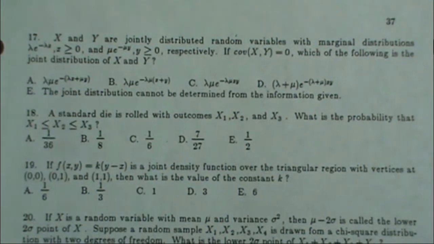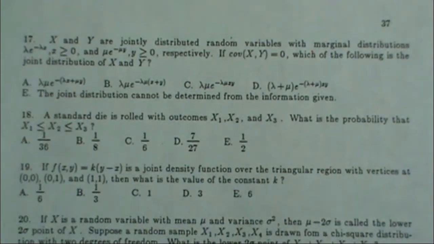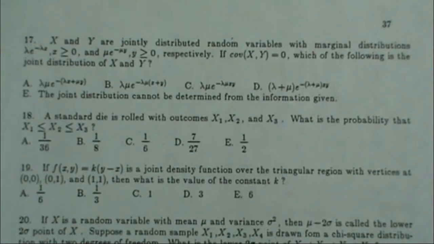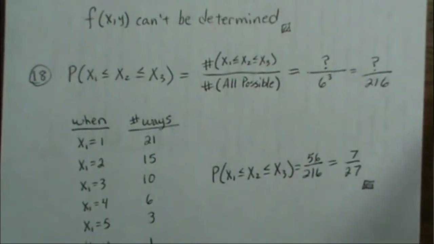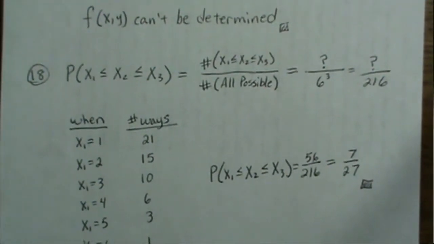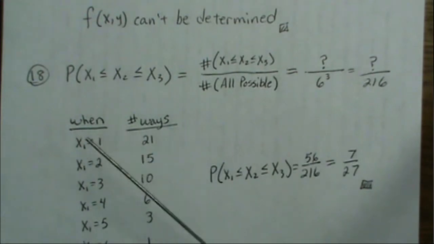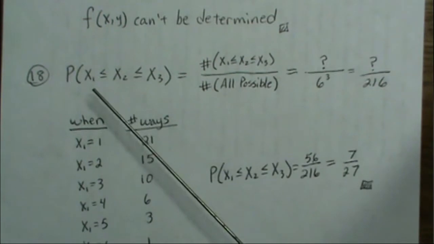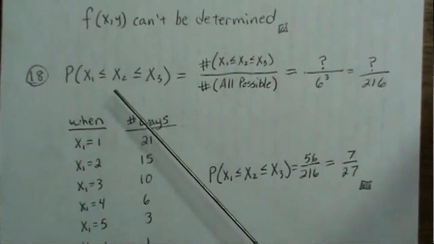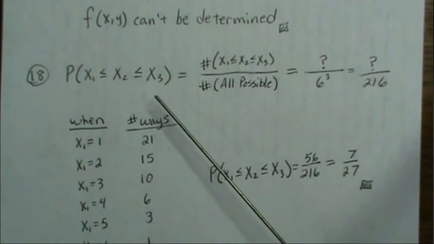Problem 18. A standard die is rolled with outcomes x1, x2, x3. What is the probability that x1 is less than or equal to x2, less than or equal to x3? So problem 18 is we're given a standard die, and this is just a crank and grind method: find all possibilities.